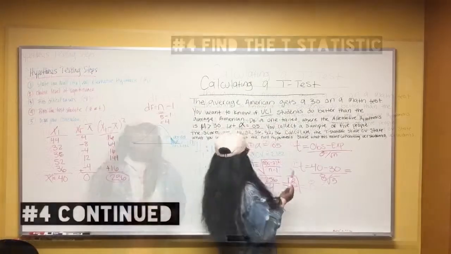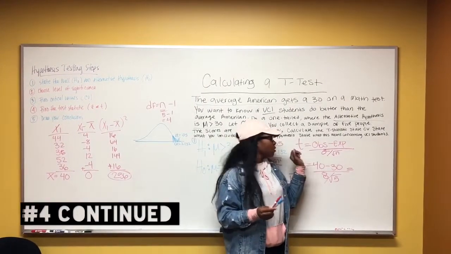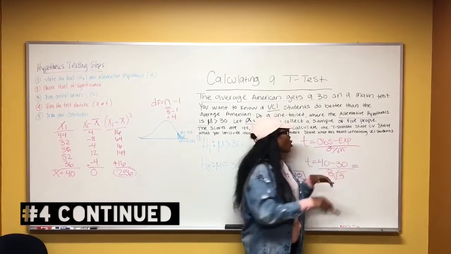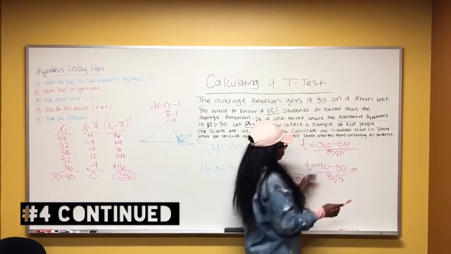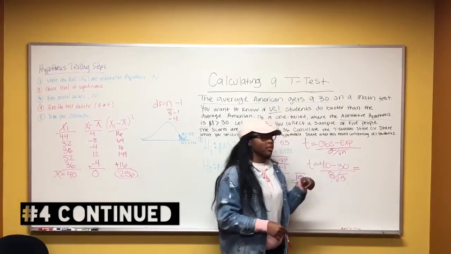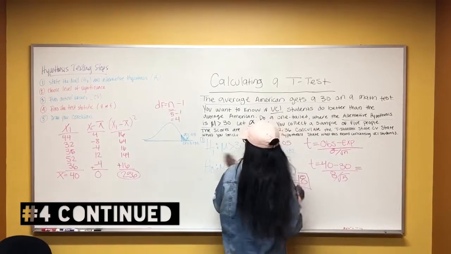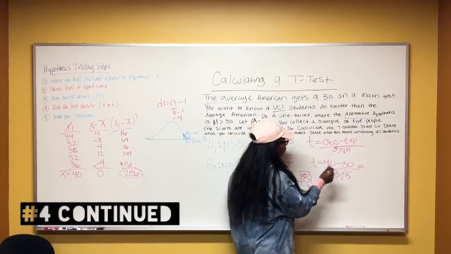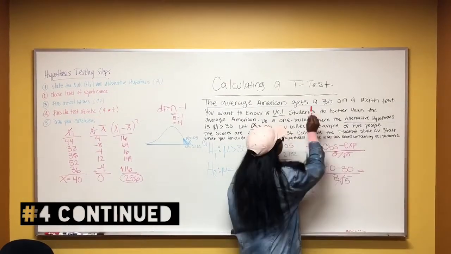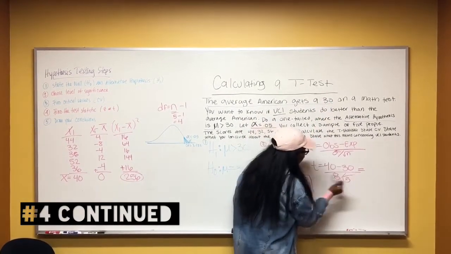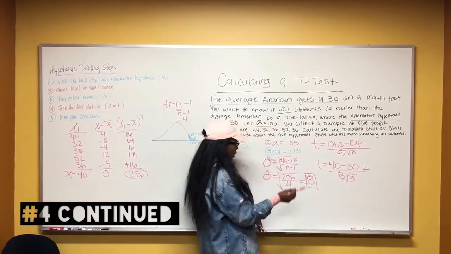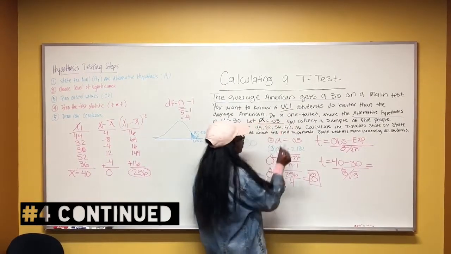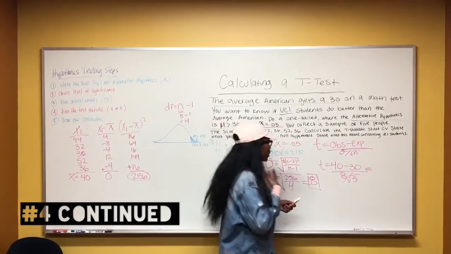For our t statistic, we use the equation: what we observed minus what we expect, over our sigma hat divided by the square root of our sample size. Plugging in what we got so far, what we observed was 40, minus what we expect, which is 30, divided by 8, our sigma hat, divided by the square root of our sample size.